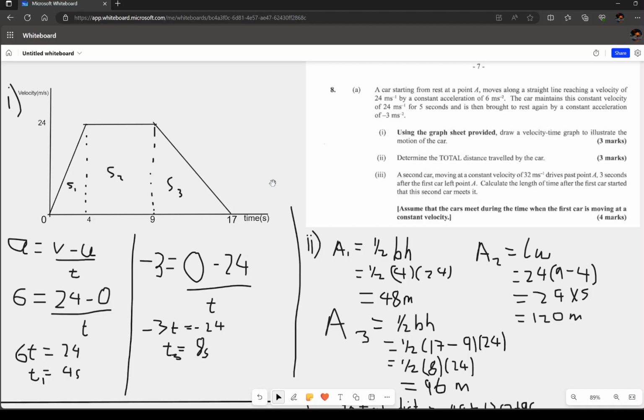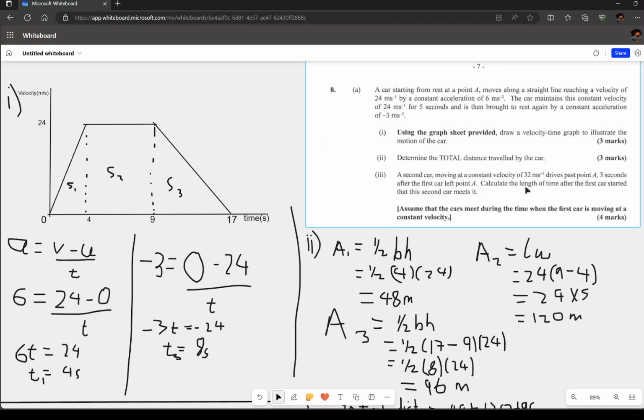Okay, so the first thing that we can realize here is that the cars are going to meet in stage 2 on our graph. So stage 2 is when the first car is at constant velocity. So we know that it's going to meet sometime between 4 and 9 seconds, right? And let's just be sure, yep, length of time after the first car started.